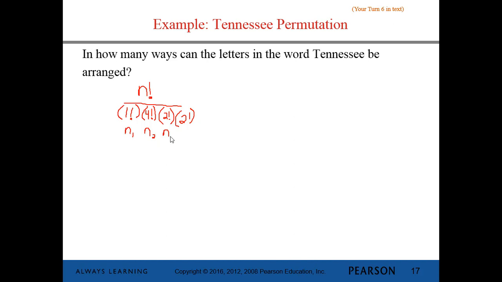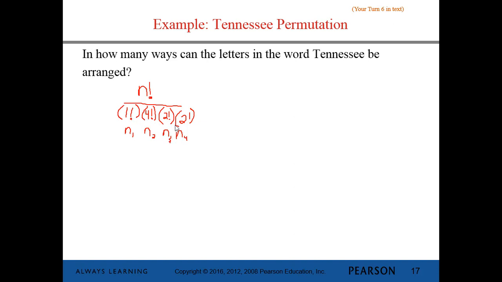And this is going to be n3. And then this is going to be n4. Okay, and notice this here, well, what's n? n is going to be 9 in this case. What's n sub 1? 1. n sub 2? 4. And then 2 and 2.